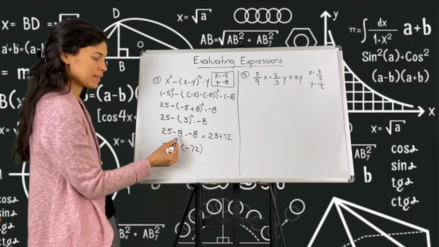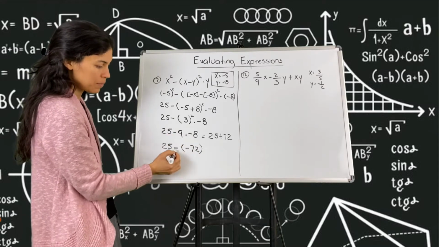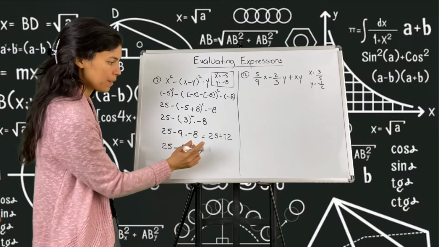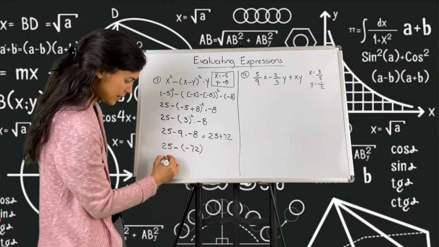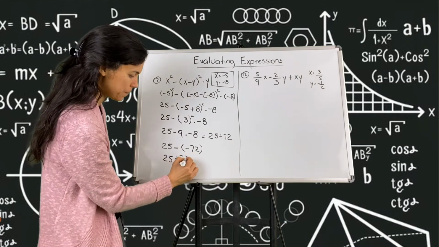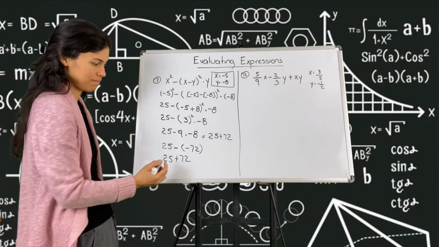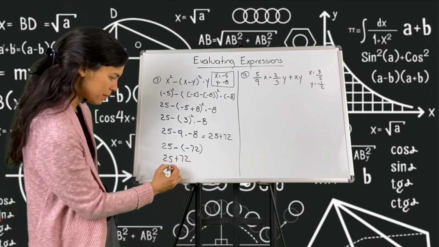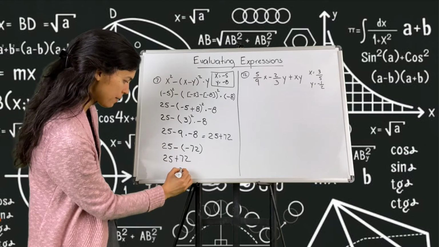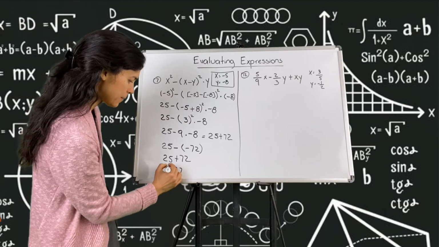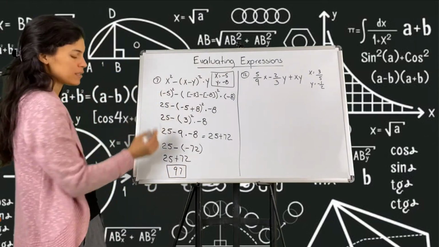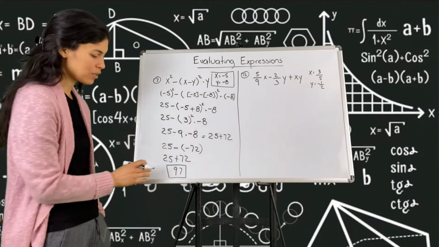Or you put minus and then take the 9 times the negative 8. This will be the same because 25 negative and negative is plus 72. We get to the same values. And 25 plus 72 is 97. Okay, so if we evaluate this expression, our result is 97.